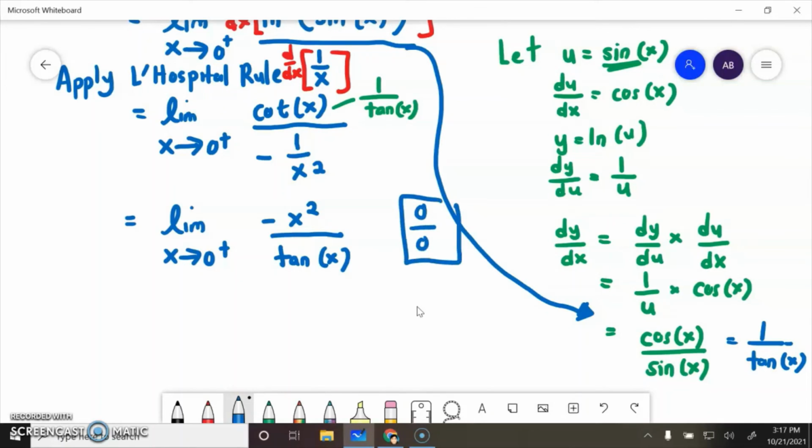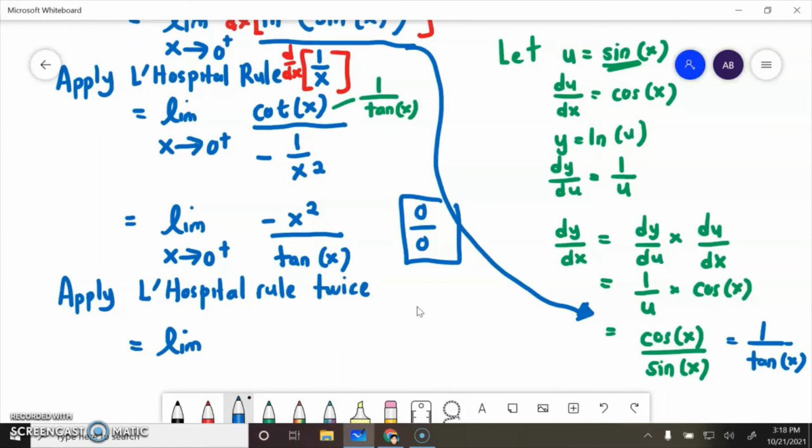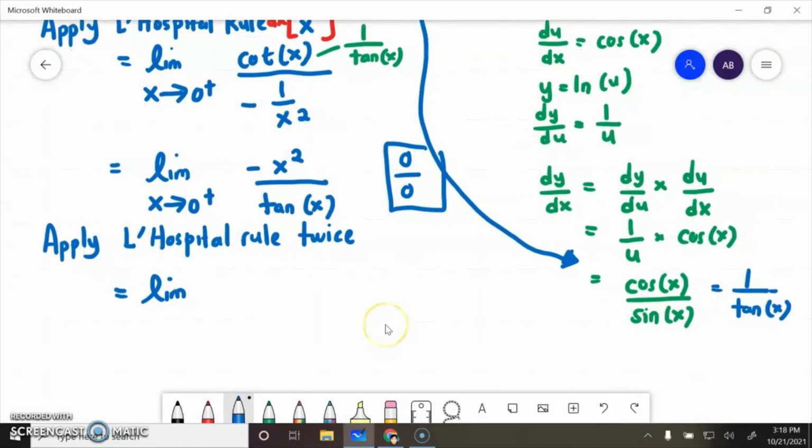So you apply L'Hopital's rule again, twice. Let's take the derivative again. The derivative of negative x squared gives me negative 2x. Tangent x gives me secant squared x.